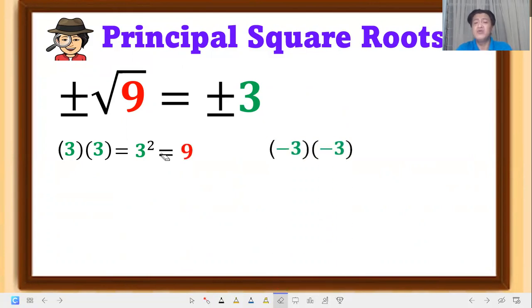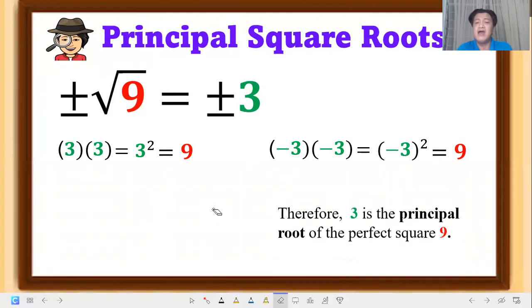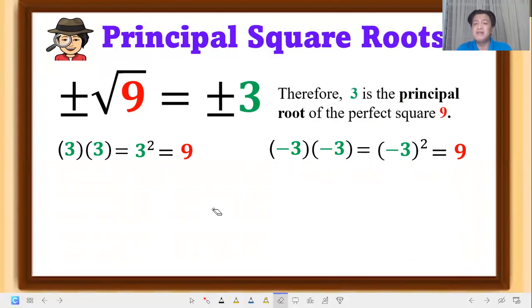Kapag pinakita naman natin yung negative 3 times negative 3, you can write as negative 3 square. Kaya kung mapapansin natin, di ba, parehas po silang 9. Kaya nga, ibig sabihin niyan, lagi pong dalawa ang square root ng ating radicand. One positive and one negative. Kaya nga, therefore, 3 is the principal root of the perfect square.